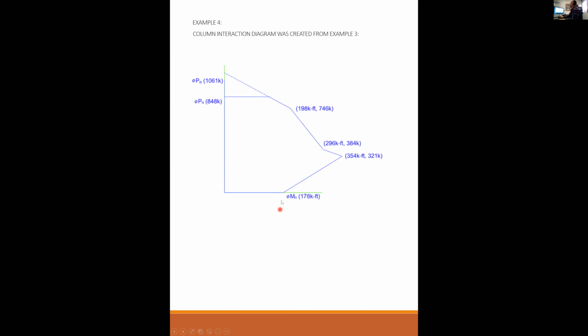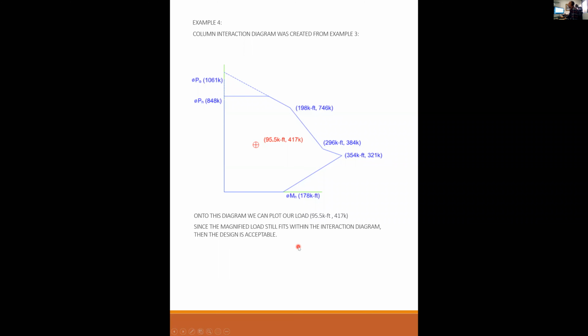I can use the same column interaction diagram as I did from example 3 because it's the same actual frame. So the section properties didn't change. So all of this is exactly the same as what we did from example 3. Onto this, we can plot our load, which was 95.5 kip feet and 417 kips of axial load. And that goes right there.